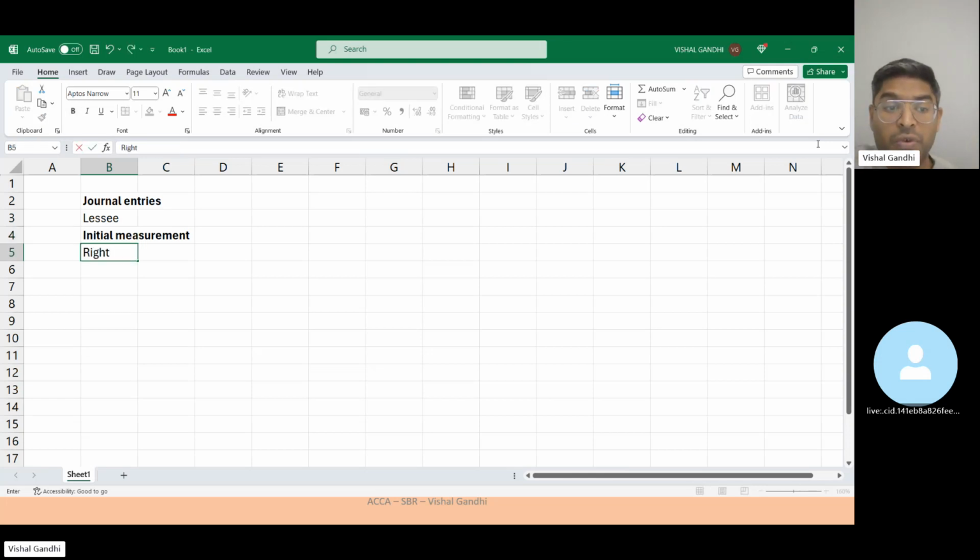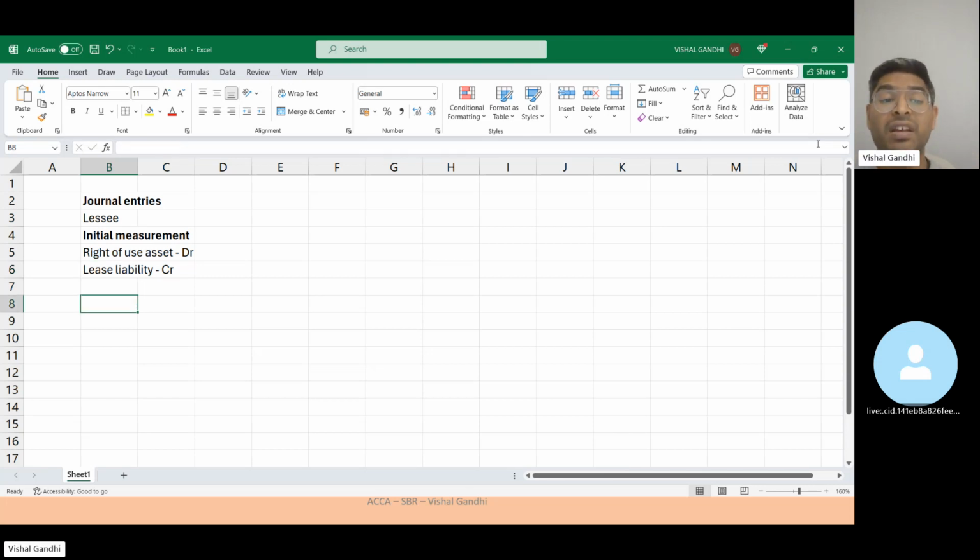Right of use asset debit, and the liability is also increasing, the lease liability, so the liability will be credited. So this is our initial measurement: right of use asset debit, lease liability credit.